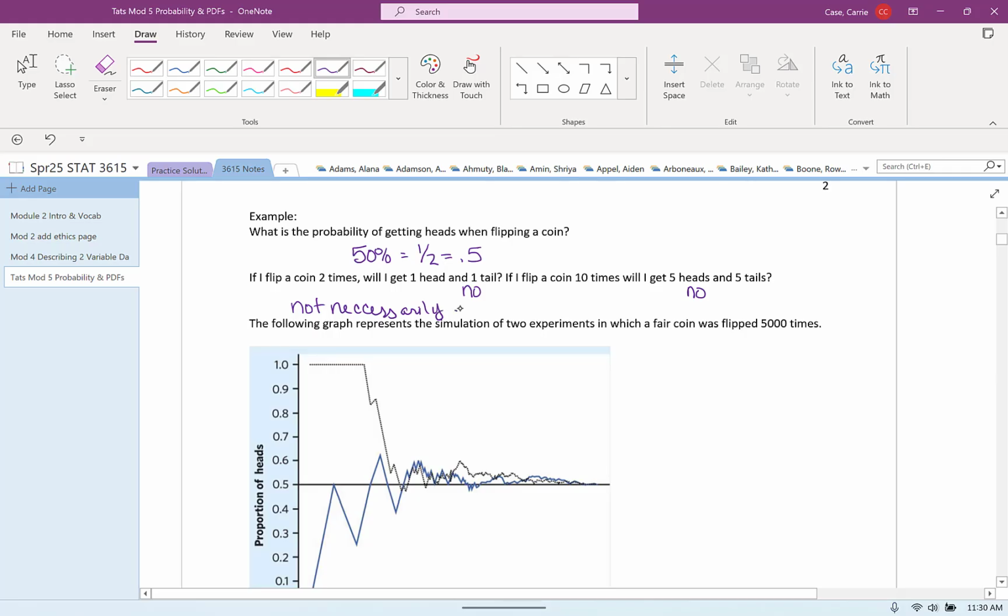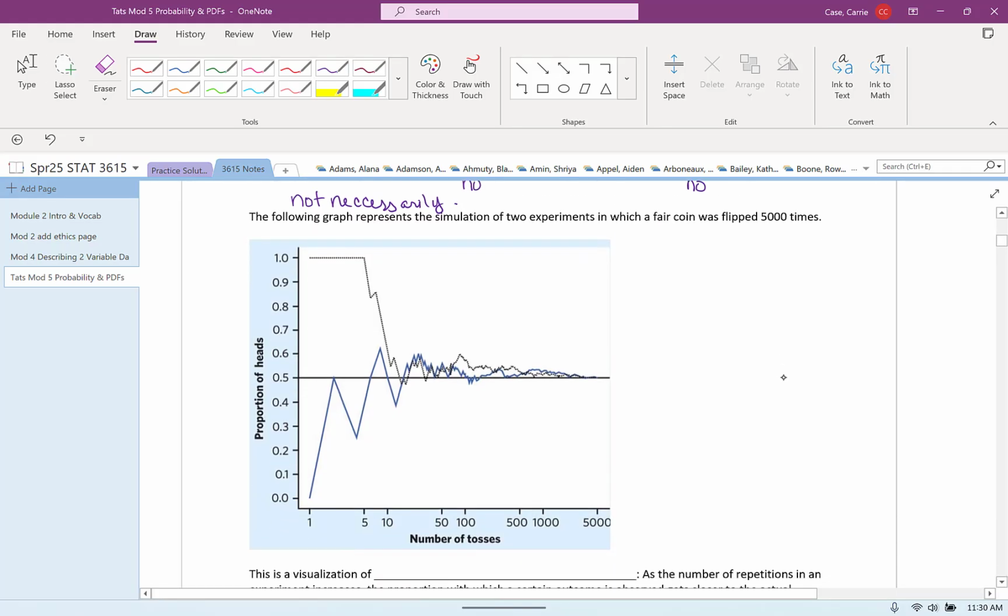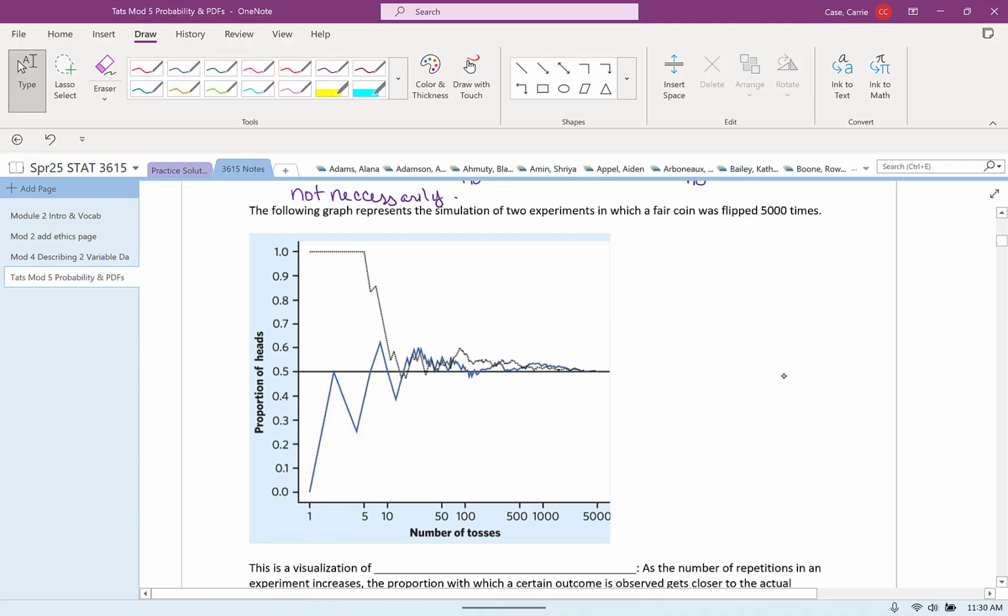Could happen, may not happen. What'll happen though if I flip a coin many, many, many times, like 5,000 times? Well, if we look at this graph, it is an example of what happens when we flip a coin.